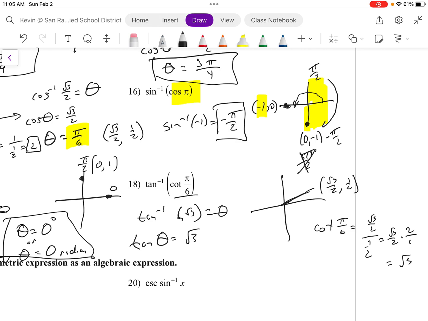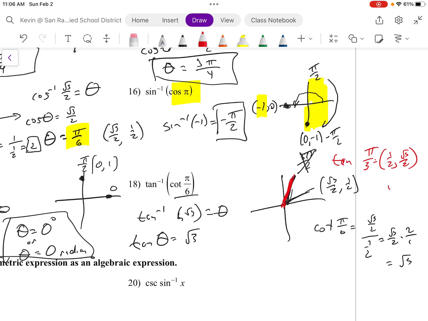And again, this is where it helps to sort of memorize those. Up here, okay, pi over 3, that's 1/2, root 3 over 2.